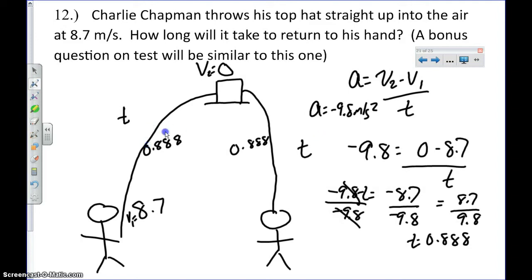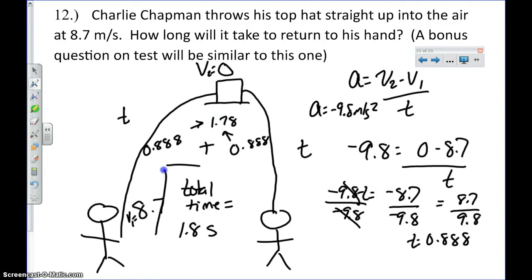So really, I need to add these two together, or multiply 0.888 times 2, and that's going to give me the total time equals 1.8 seconds. It's actually 1.78 seconds when you add those together, but the total time is going to be 1.8 seconds. And that is very tricky, and that's why it's a bonus on the test.